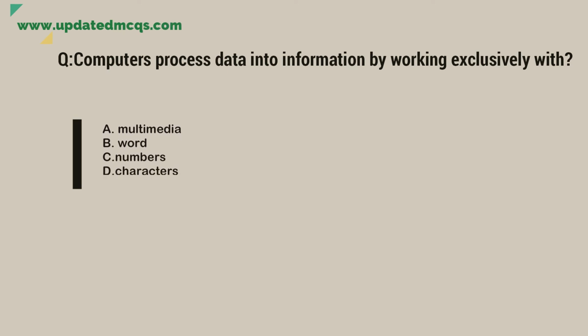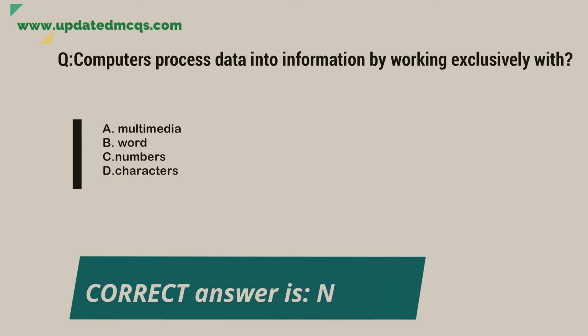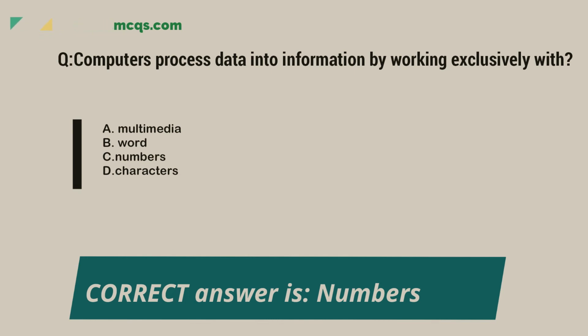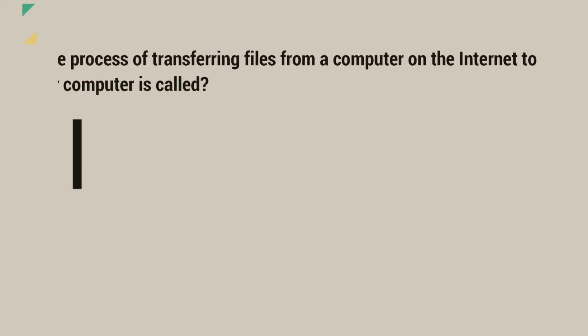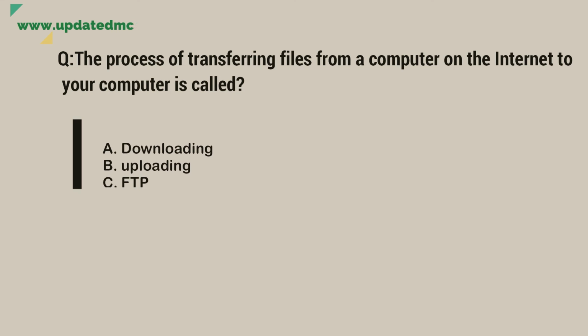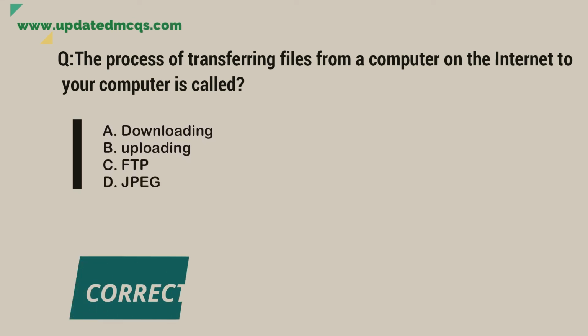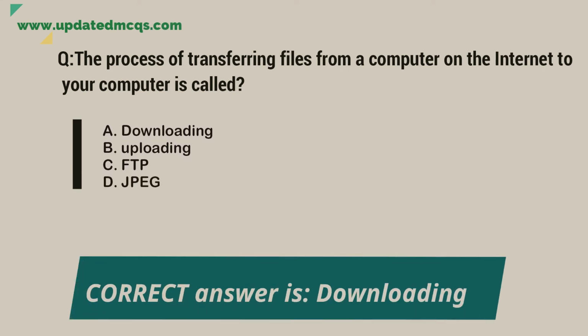Computers process data into information by working exclusively with numbers. The process of transferring files from a computer on the internet to your computer is called downloading.